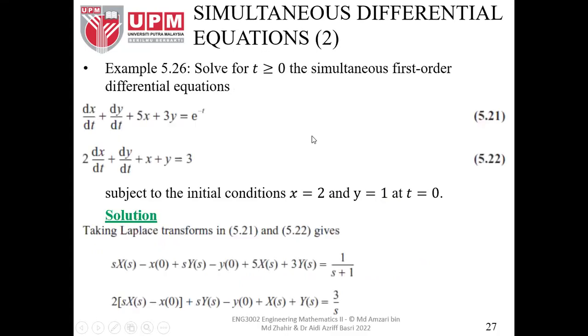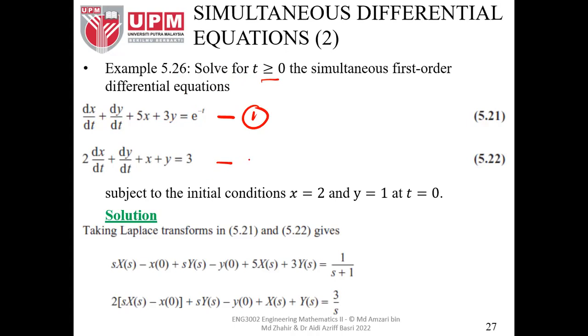For example, here is example 5.2. Solve for t bigger or equal to 0 the simultaneous first order differential equations. In this topic, you will have mostly two equations. Equation number 1: dx/dt plus dy/dt plus 5x plus 3y equal to e to the power of negative t.